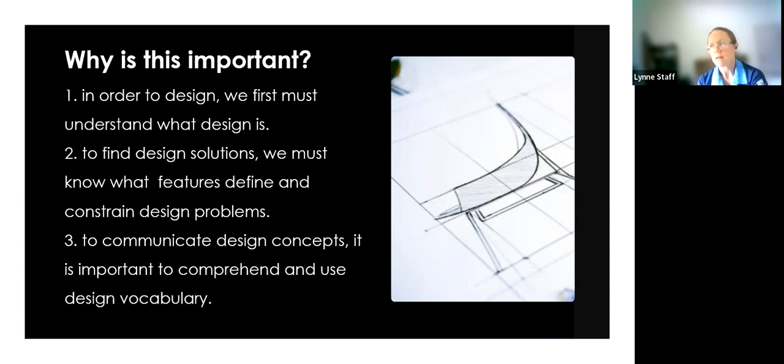So that's things like the economics, the situation, who your client is, what their age group is, what their interests are, those sorts of things that will come into play when we're looking for those solutions to our problems. And thirdly, as I just mentioned, to communicate design concepts, it is important to comprehend and use design vocabulary. So that's our literacy focus.